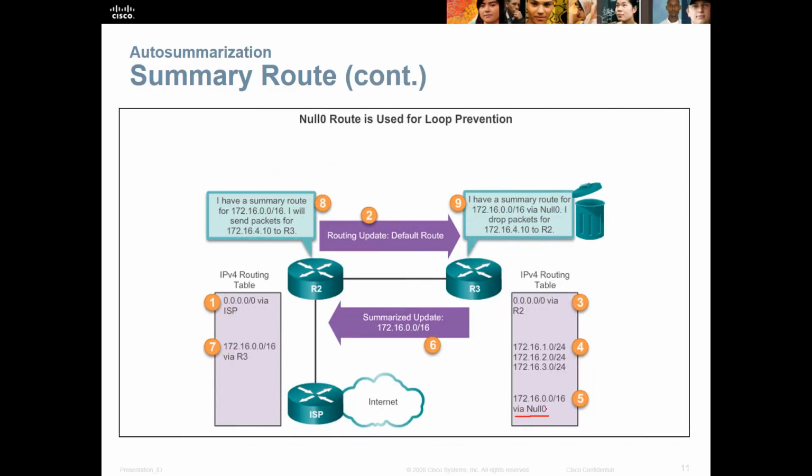By adding in that via Null0, it adds that layer of loop prevention. Basically, when we go to send the routing updates, it has a summary route for 172.16.0.0/16 via Null0. It will drop the packets because it recognizes this as itself.